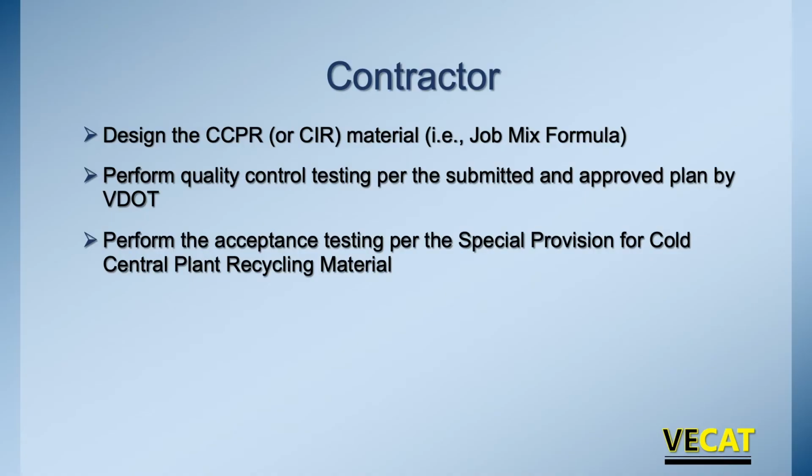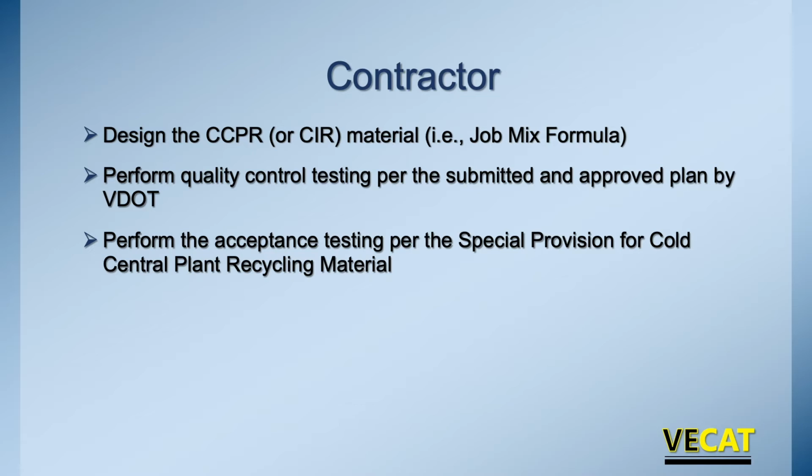What else does the contractor do? They do the quality control testing per the QC plan submitted to VDOT. So the contractor lays out, these are the things that we are going to do in terms of quality control.